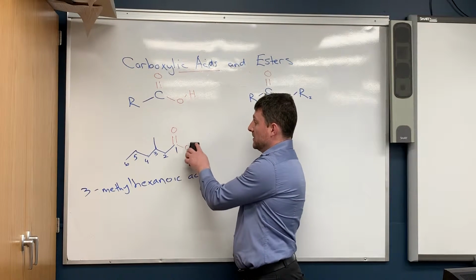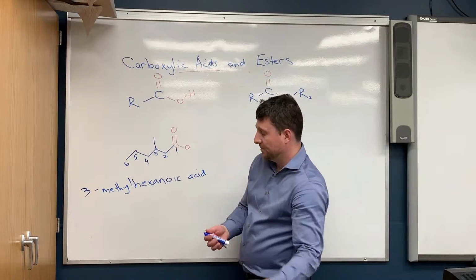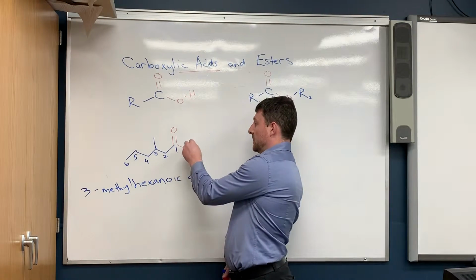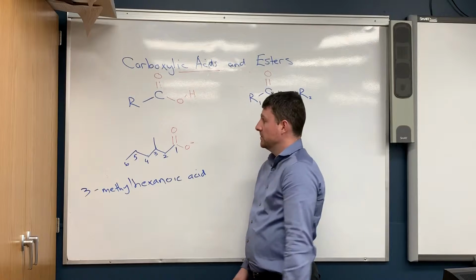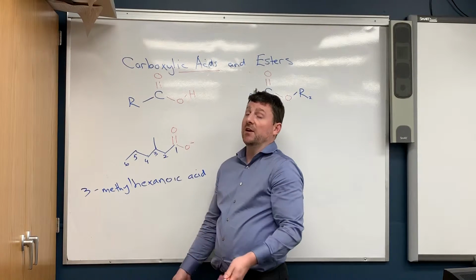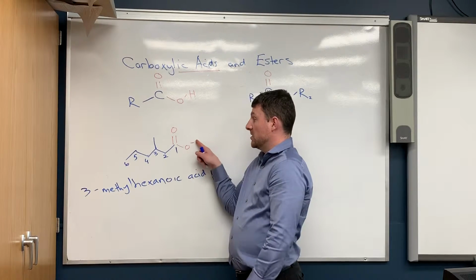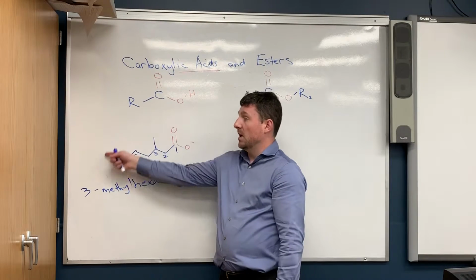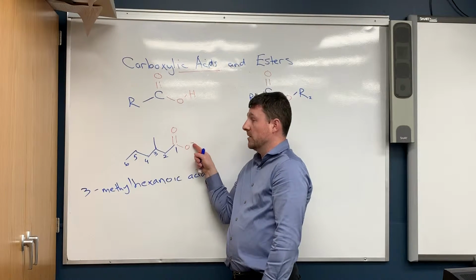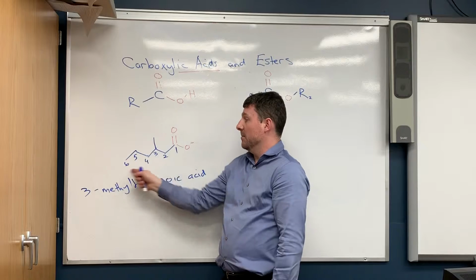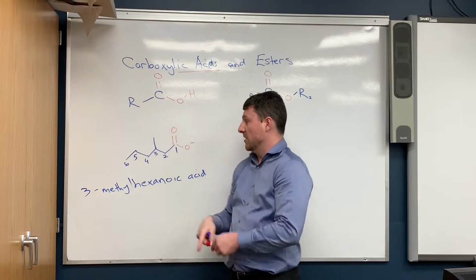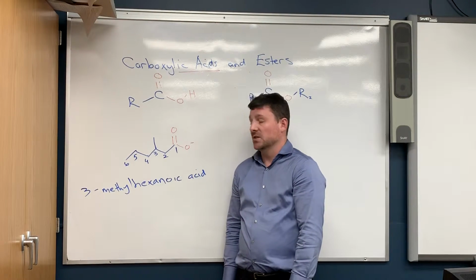So we take away H+, which leaves a minus charge. If this were a generic acid HA, I just took away the H, so this would be A-. So this is the conjugate base of 3-methyl hexanoic acid.